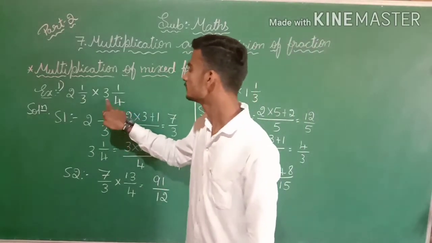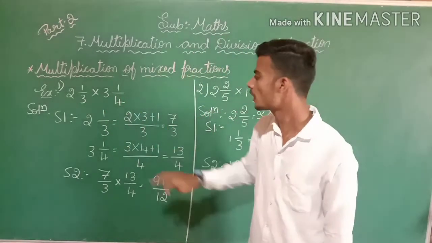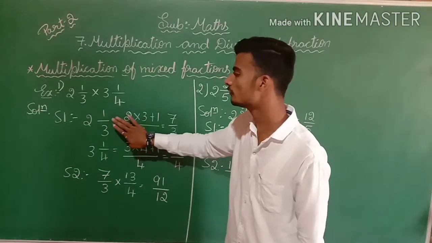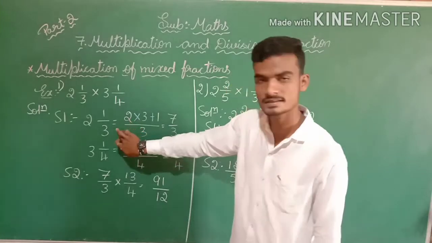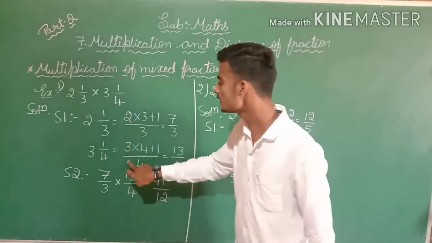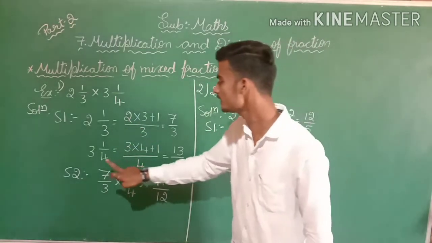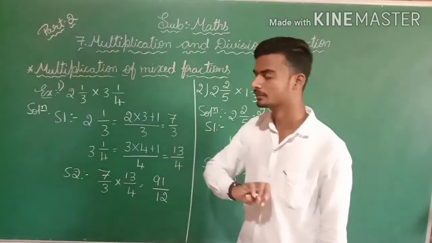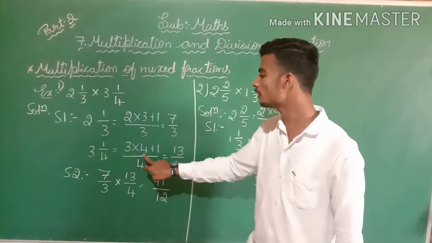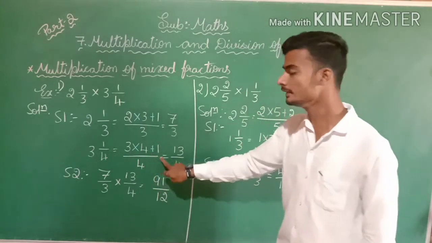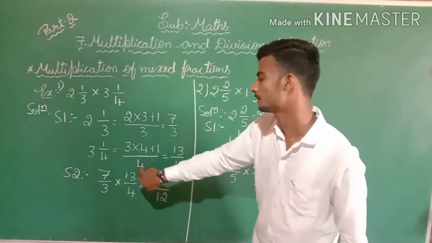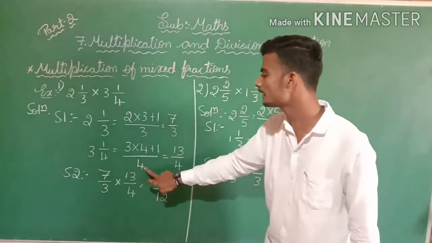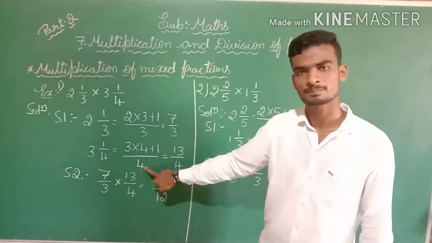Next, for 3 whole 1 by 4, how will you solve this? Follow the same process we followed for the first one. That is 3 into 4 plus 1, divided by 4. The denominator is the same number, written in the denominator part.